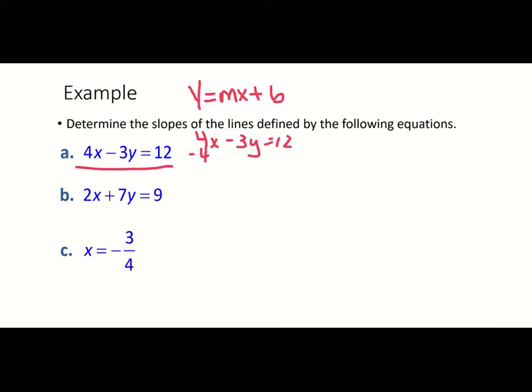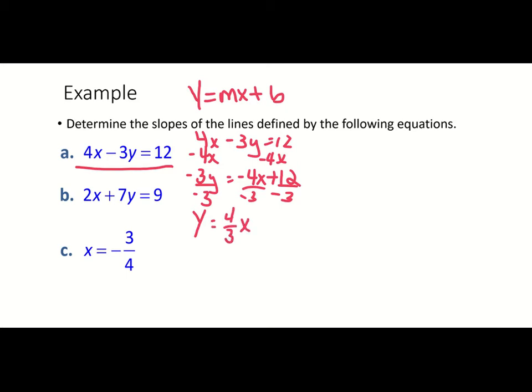I'll subtract 4x from both sides. So now I have negative 3y is equal to negative 4x plus 12. And then we'll divide everything by negative 3. And that will give me y equals, the 2 negatives on that fraction make it a positive 4/3 x.